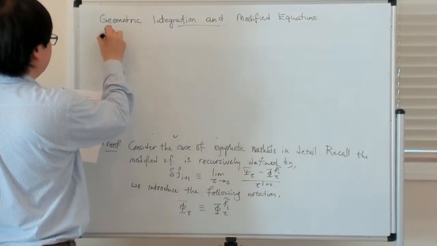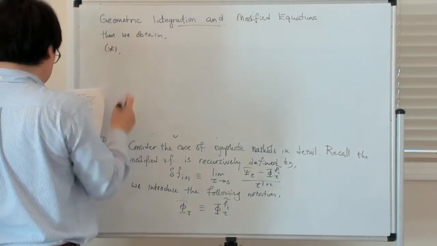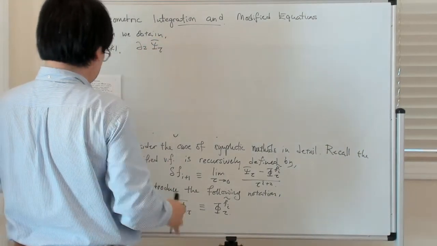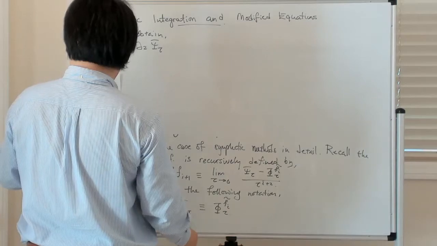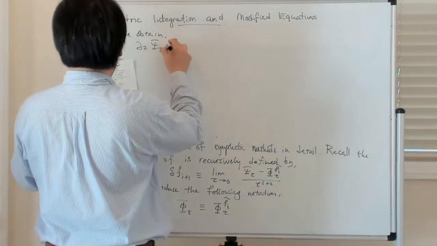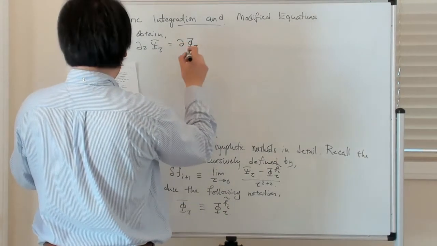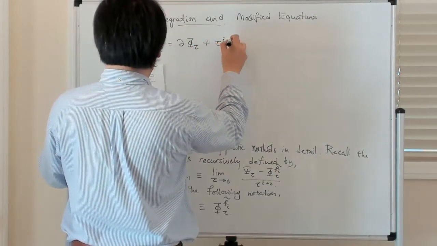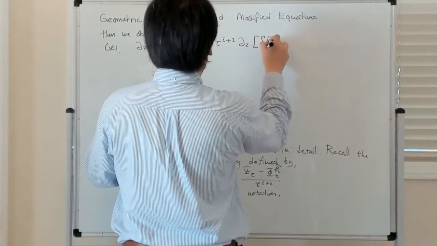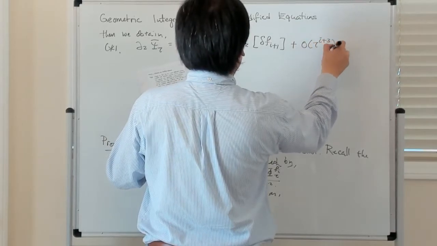So then we obtain the following. You can write down essentially the linearization of the numerical method is equal to the linearization of the exact flow of the modified vector field plus an error term which looks like tau to the i plus 2 times the partial of this modified vector field term, this correction term, plus something which is big O of tau to the i plus 3.